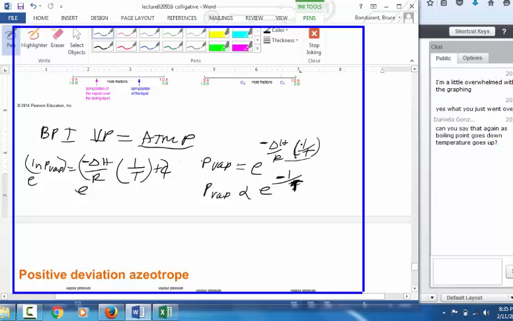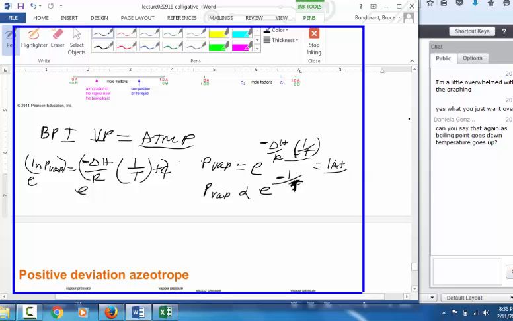So pvap is proportional to e to the negative 1 over temperature as you're changing temperature, and that equals a constant: you set it equal to 1 atmosphere, and that would give you your boiling point.